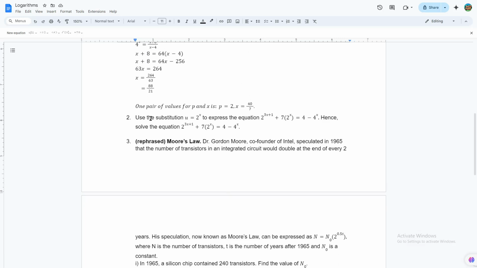So question 2 says, use the substitution u equals 2 to the power of x to express this equation, hence solve this equation. So, how do we solve this question?